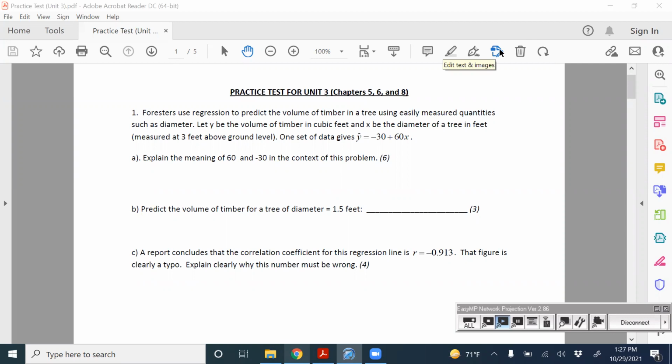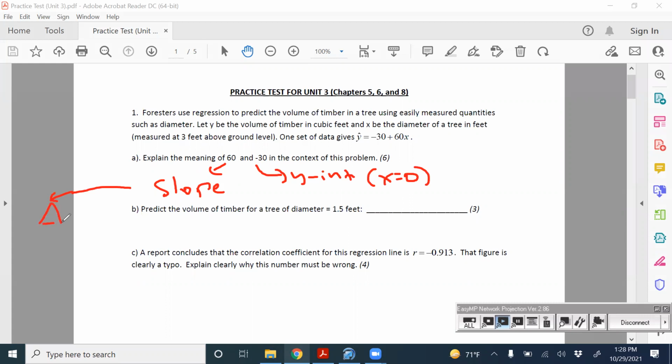So 60 is going to be your slope. -30 is going to be our y-intercept, where the y-intercept is when x equals 0. The slope is a change in y over change in x.